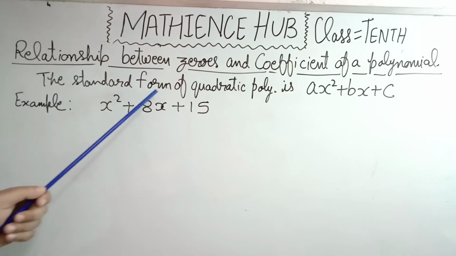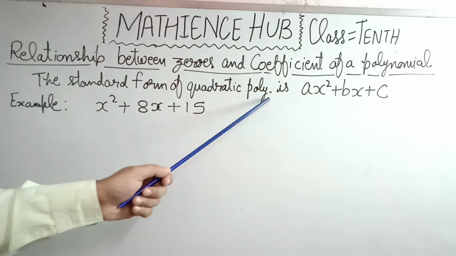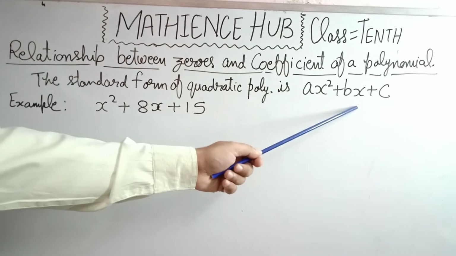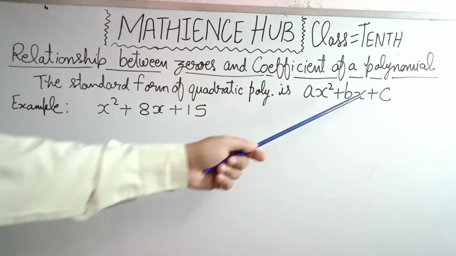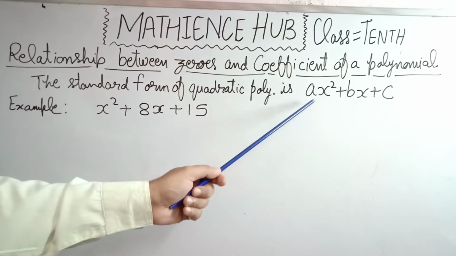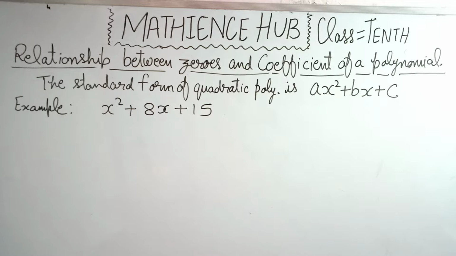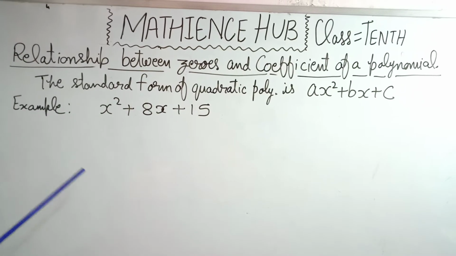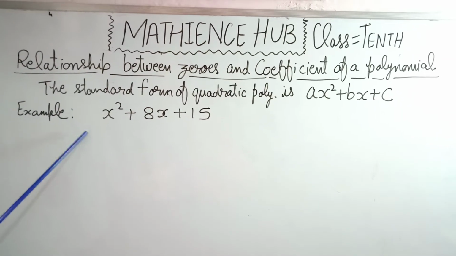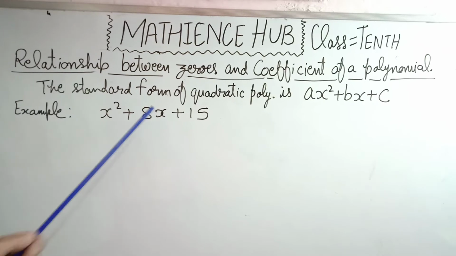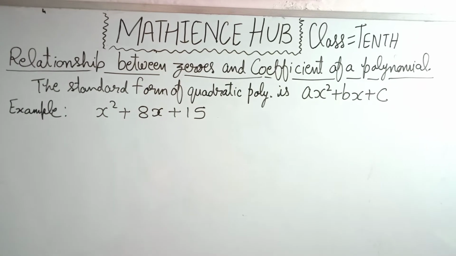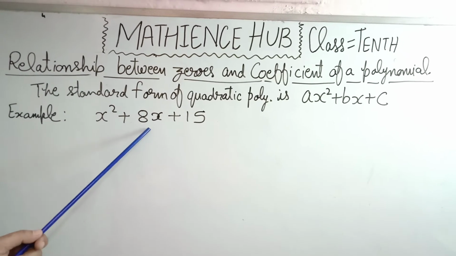The standard form of a quadratic polynomial is ax square plus bx plus c. Here a is the coefficient of x square, b is the coefficient of x, and c is the constant. We find the zeros of the following quadratic polynomial and verify the relationship between the zeros and its coefficients.